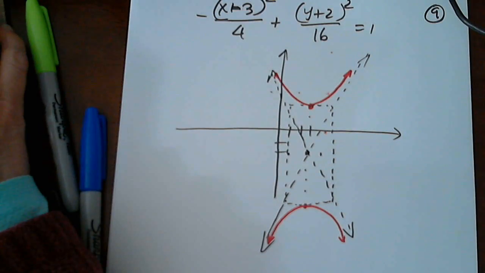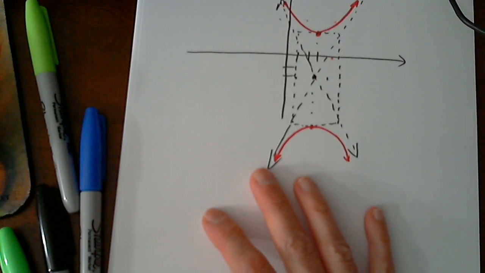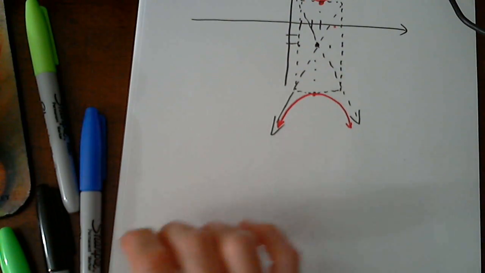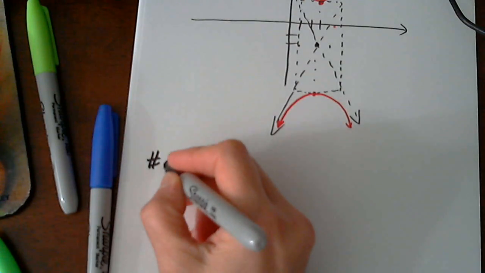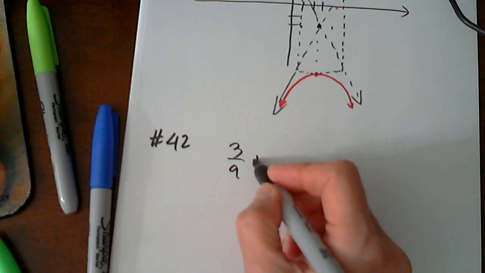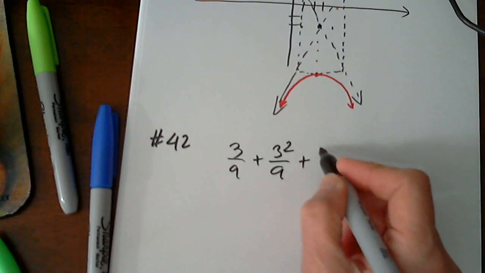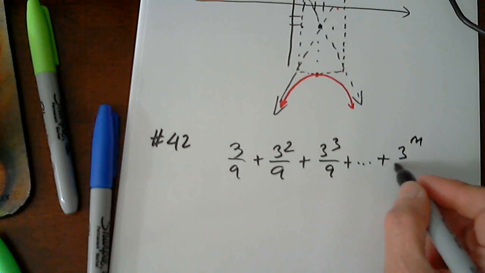So would you like to pick anything from here just to find the sum? Can we do 42? Let's look at 42. So 42: 3 over 9 plus 3 squared over 9 plus 3 cubed over 9 plus dot, dot, dot, plus 3 to the nth over 9.